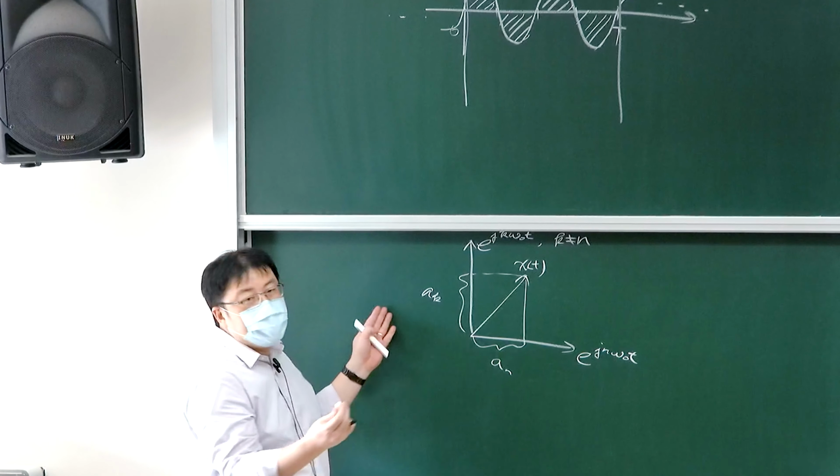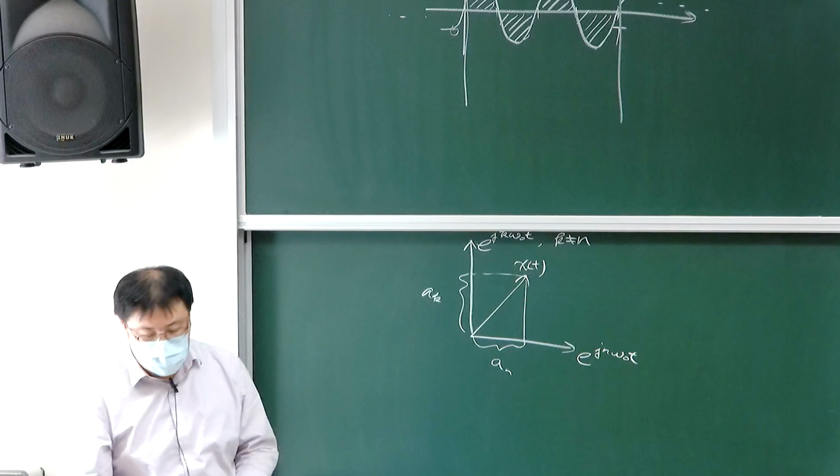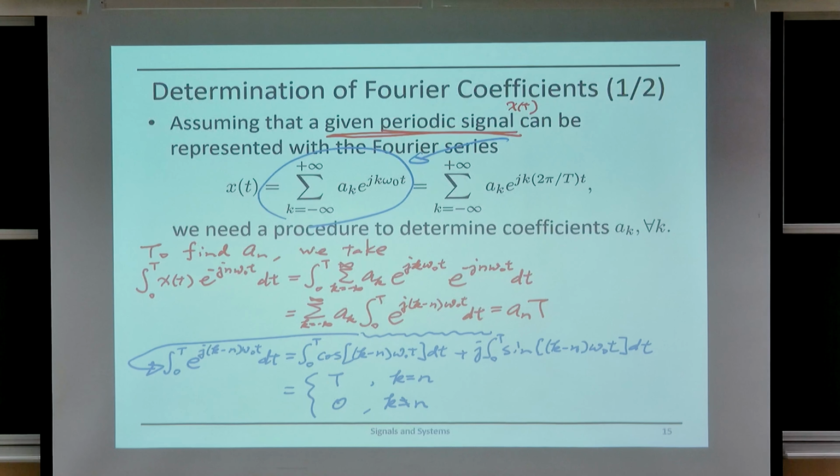But imagine that this goes to infinite dimensions. So you view this as a linear combination of orthogonal basis functions e to the j k omega naught t for all k.